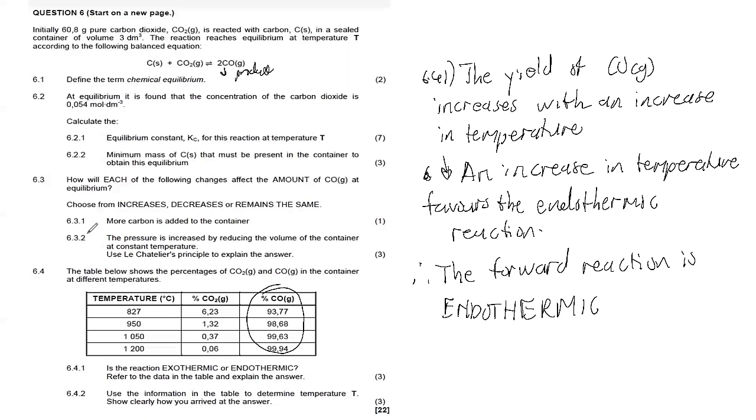Okay, then 6.4.2 says, use the information in the table to determine temperature T. Show clearly how you arrived at the answer. Right. So in order to tackle this, we need to go back to our results for the Kc, but I will only be taking you to this final part here, where we had C equals n over V, the concentration. So concentration at equilibrium.